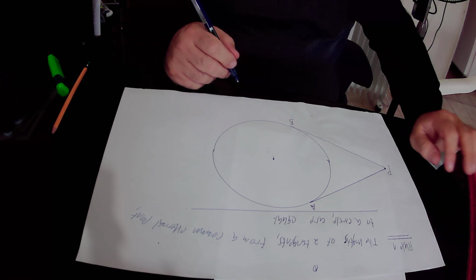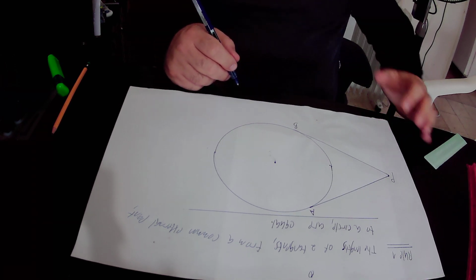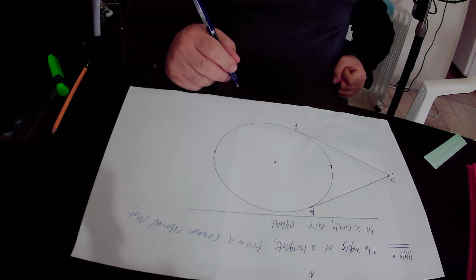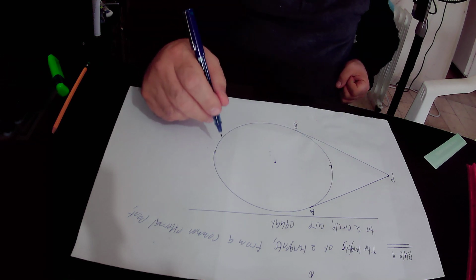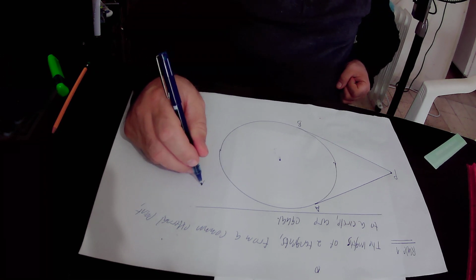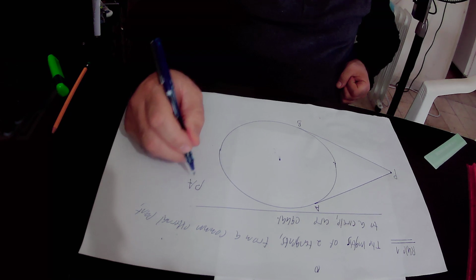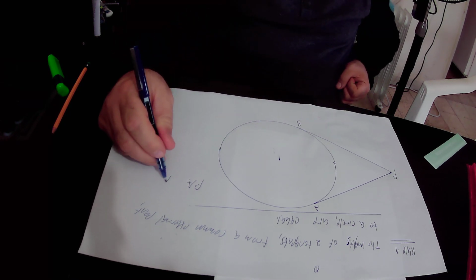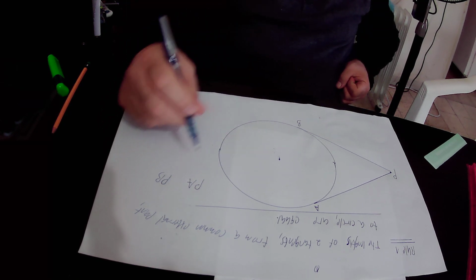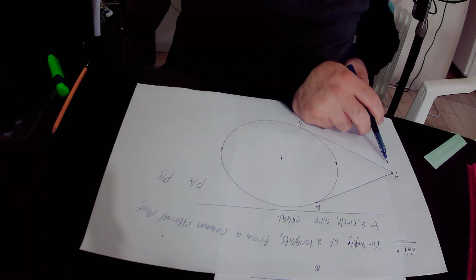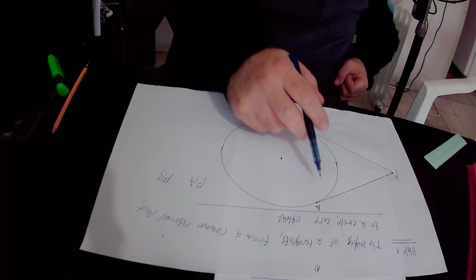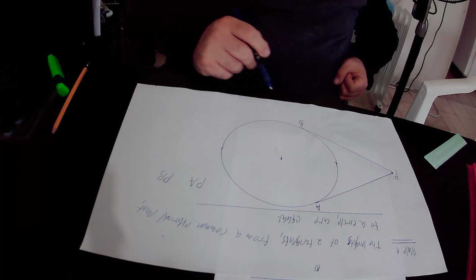So according to rule number 1, the length of the first tangent is PA, and the length of the second tangent is PB. And according to rule number 1, the lengths of two tangents from a common external point, that is to say, from point P to a circle at points A and B, are equal.